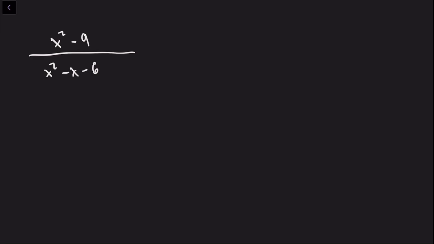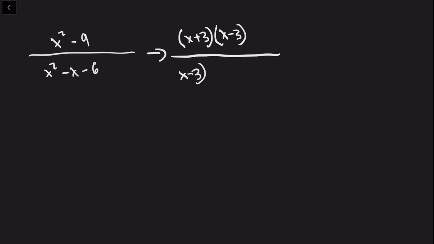We have x squared, we have 9, and we're subtracting, difference of 2 squares. So we can say that the top is x plus 3, x minus 3. And then on the bottom, x squared minus x minus 6. We can simplify this to x minus 3, x plus 2.